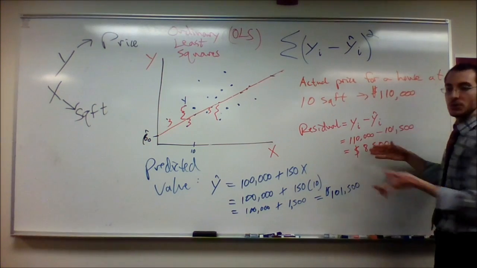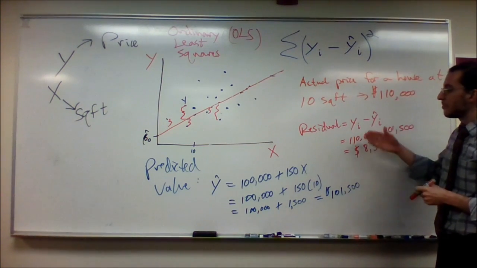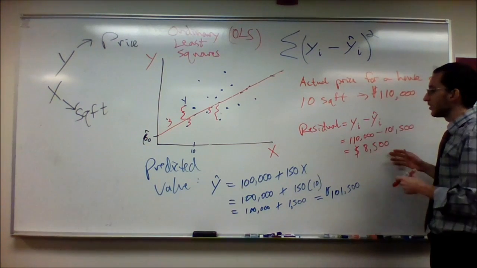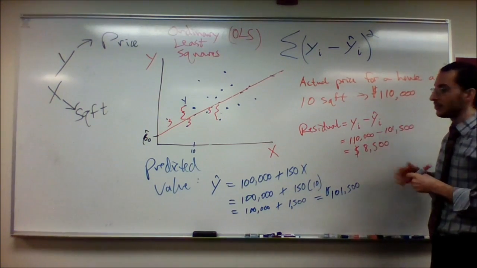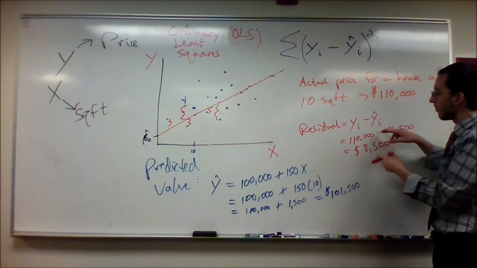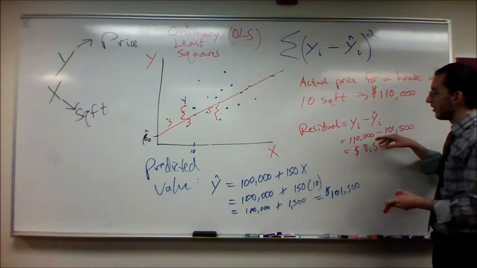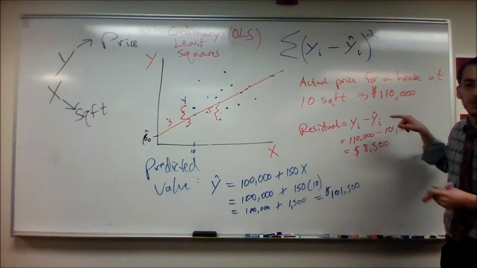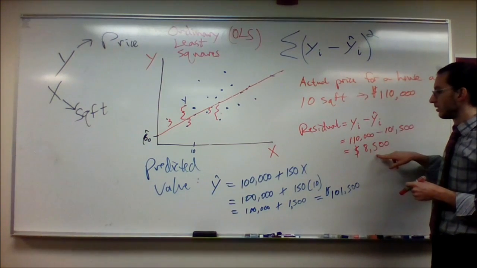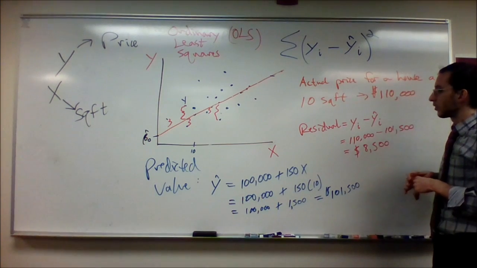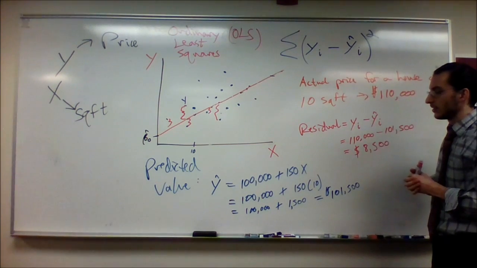When the residual is positive, we say the model under-predicted, because we see that it predicted something that was smaller than what the actual observation was. The model can also over-predict things.